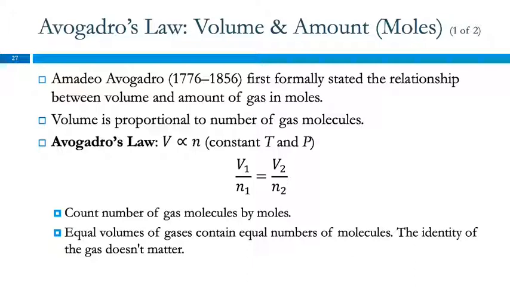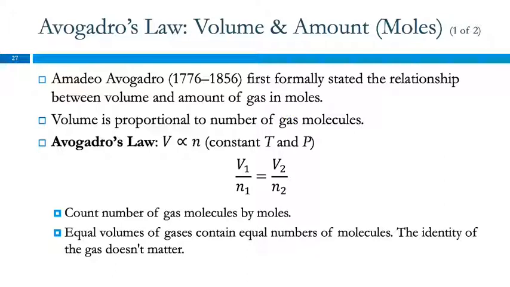Avogadro's law, we've heard his name before. Amadeo Avogadro, of Avogadro's number. He was the first one to formally state the relationship between the volume of a gas and the amount of gas. The volume of a gas is proportional to the number of particles, molecules or atoms of the gas. And so that's why the amount of gas is measured in moles, because moles is a counting number.